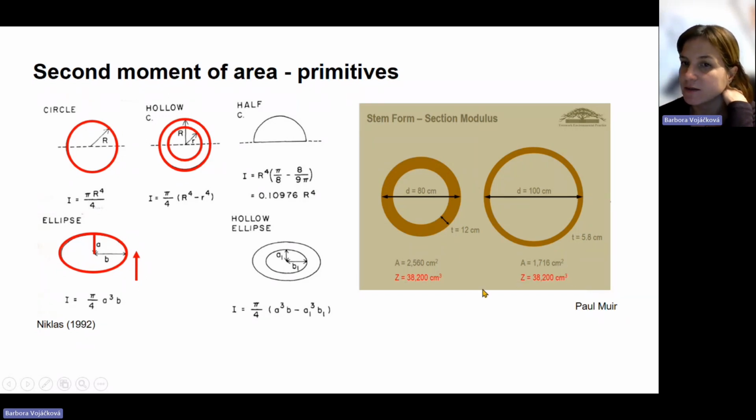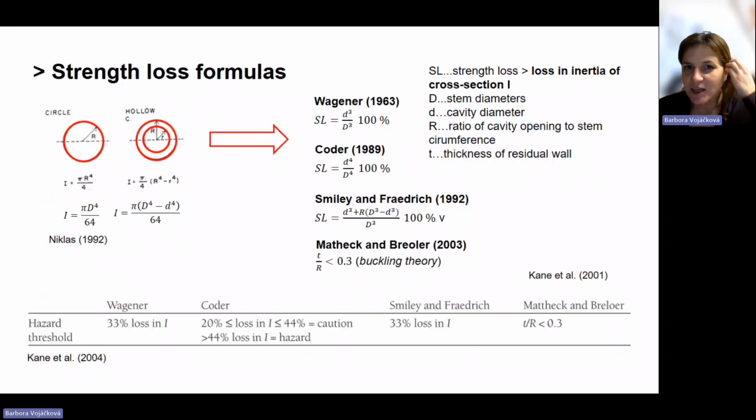So it means that the stress in the stem will still be the same, even though we can see this as a big hollow, a big cavity. So yeah, this is the basics which I think you are already aware of.